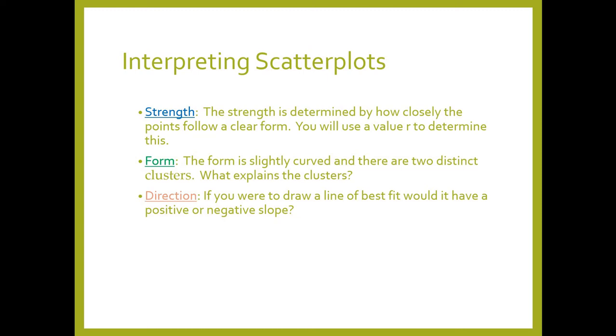Form, we're either going to say it's linear or nonlinear. And direction is either positive or negative, depending on the slope of what would be considered the line of best fit. So if you have a positive slope, it's a positive direction. If you have a negative slope, it's a negative direction.